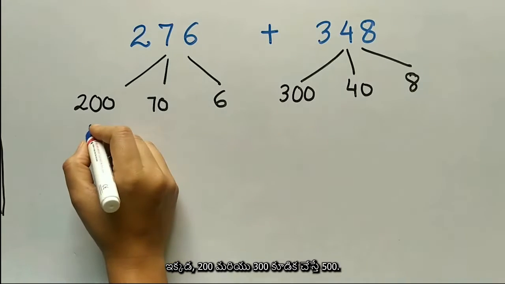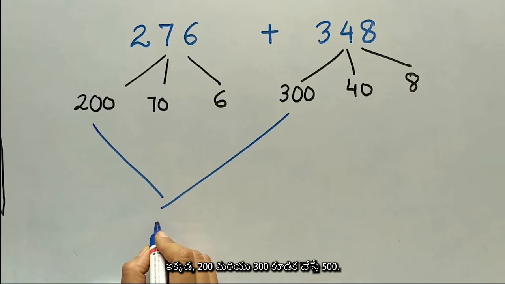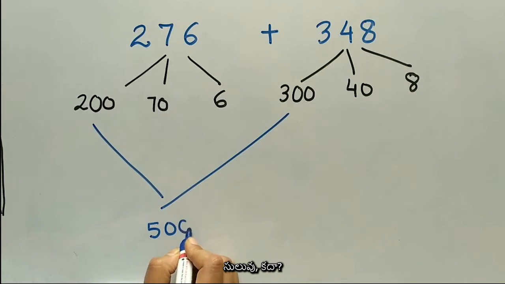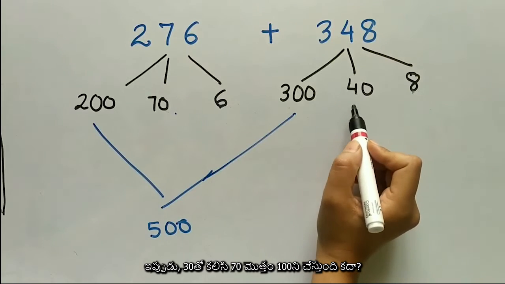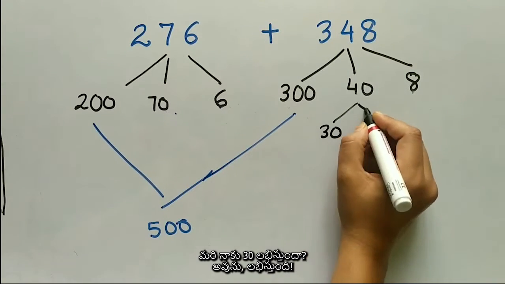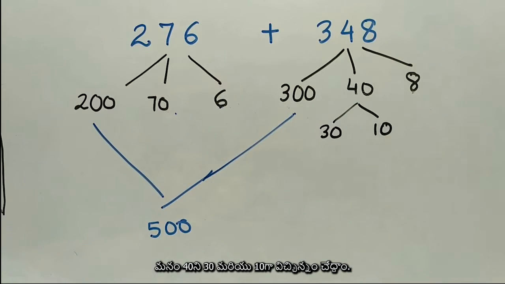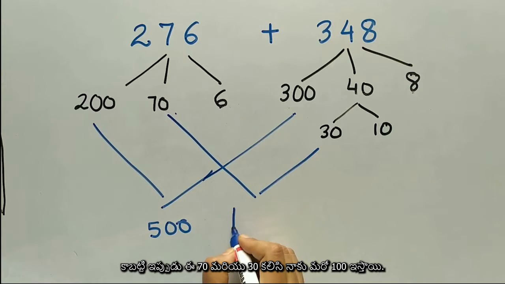Here 200 and 300 together make 500. Simple? Now 70 makes 100 with 30. Can I get a 30? Yes, let's break this 40 into 30 and 10.